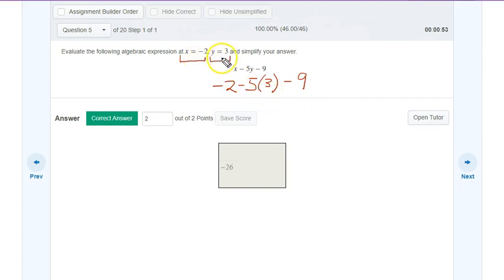So we've substituted our values for the letter. And what do we do first? Well, we do this multiplication first, which results in a -15. We still have our -2 and our -9. And since they're all negative, we just add them all up. And the answer is -26. You have to be careful about this part.